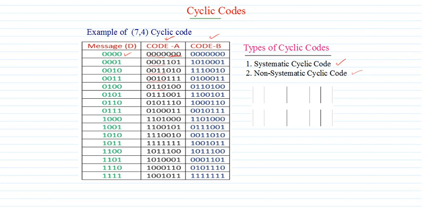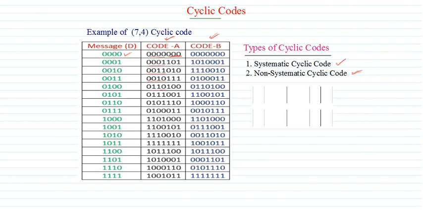We cannot make out which is the message and which is the redundancy. But in code A it is very clear: the first 4 bits of all these code vectors are message, and the remaining 3 bits are redundancy. But here it is all jumbled. That is the reason we call it a non-systematic cyclic code.